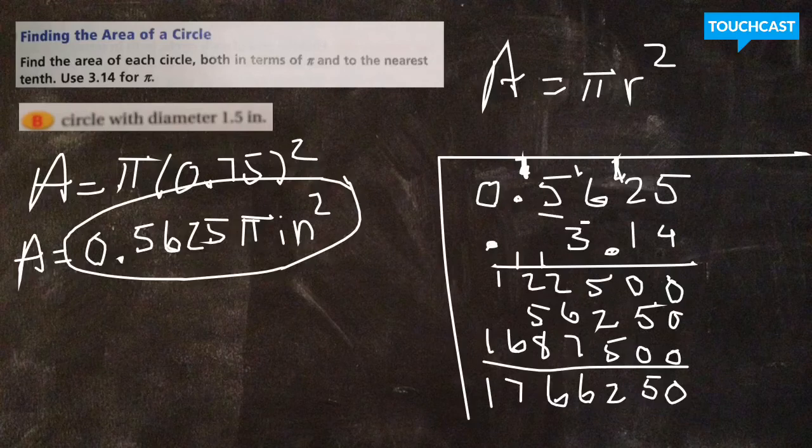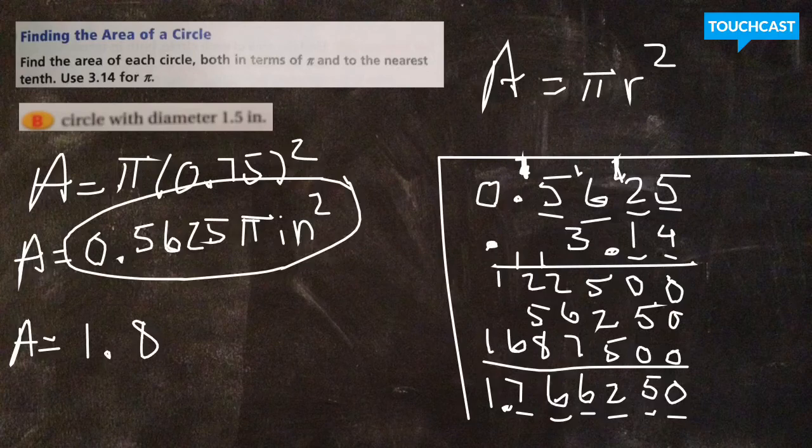We had 6 numbers follow the decimal. So we need 6 numbers to follow our decimal. So the area to the nearest tenth will be 1.8 inches squared.